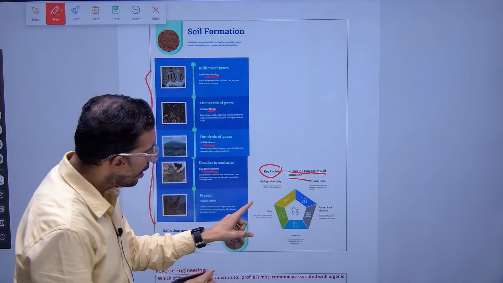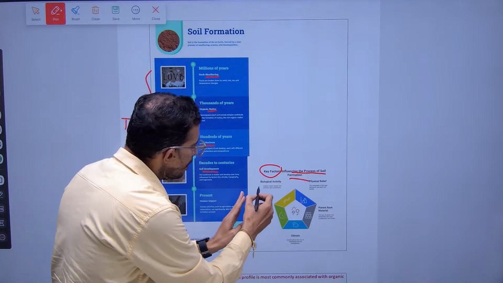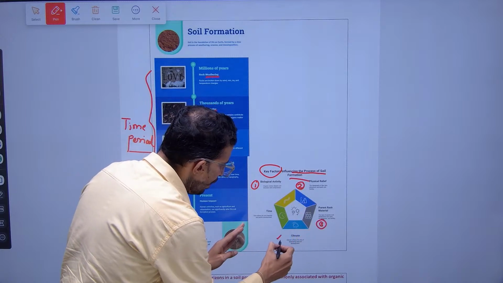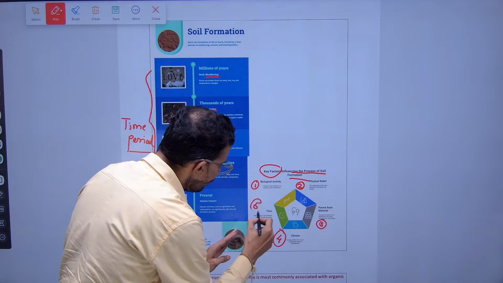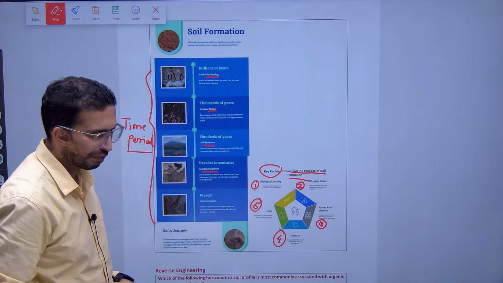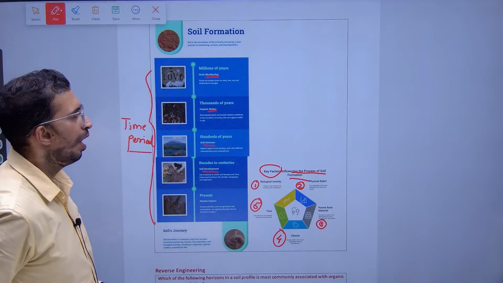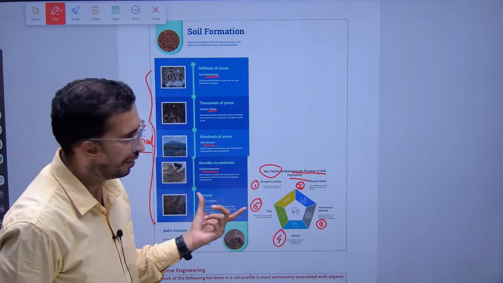If you see, there is the pentagon. So 5 main important factors which are affecting the soil formation. Observe the diagram for a minute.